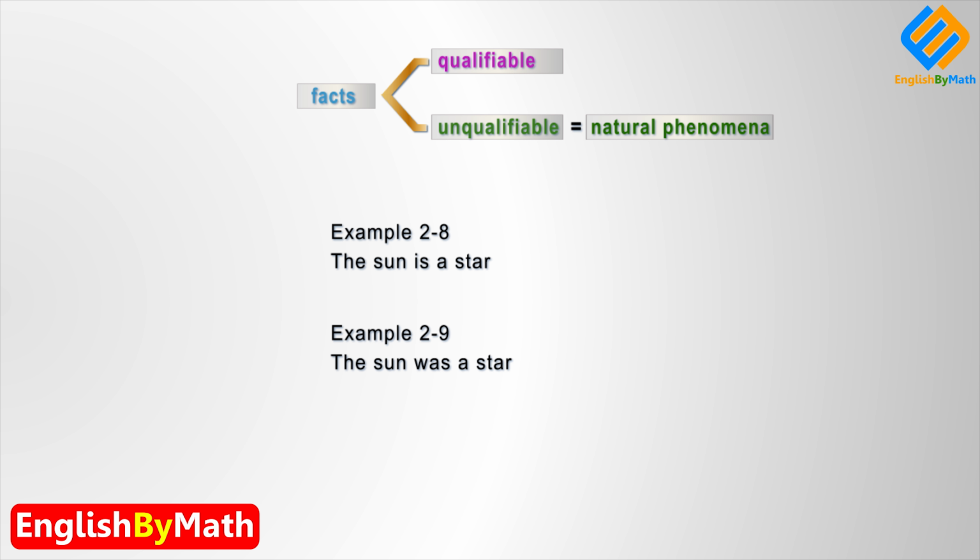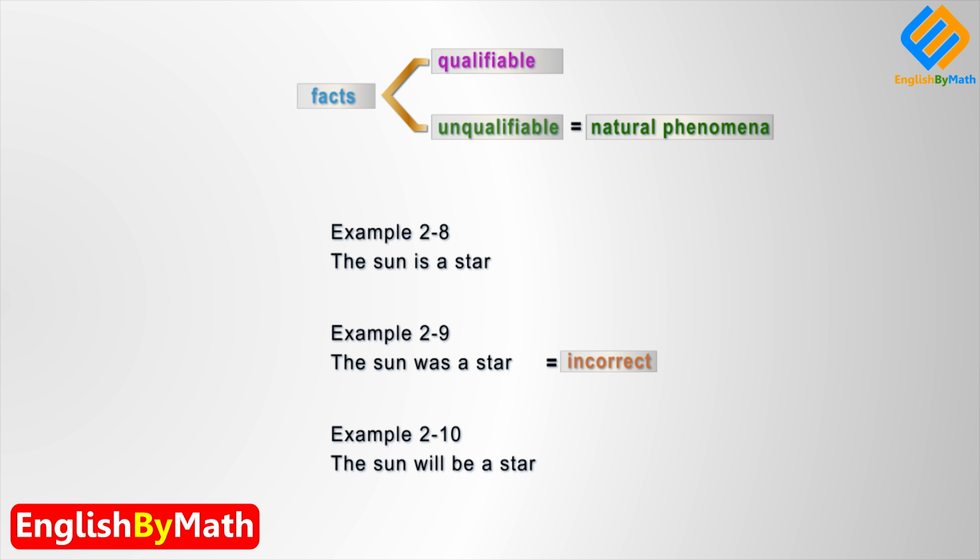Example 2.9 means that the sun either does not exist, change by termination, or has become a planet, change of state. In both cases, the meaning is incorrect because, in reality, the sun still exists and is still a star.